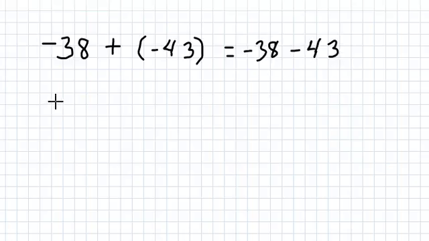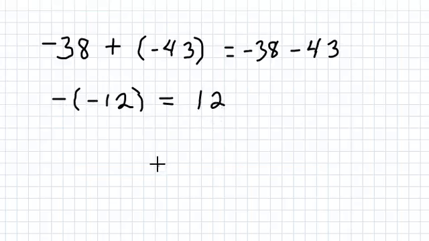Alright, let's work another one here. If I had a negative and then a negative 12, okay. So we have a negative, and a negative becomes positive. So that simplifies down to just 12.